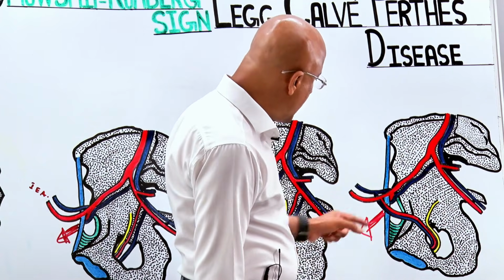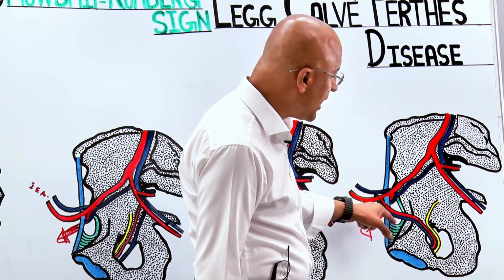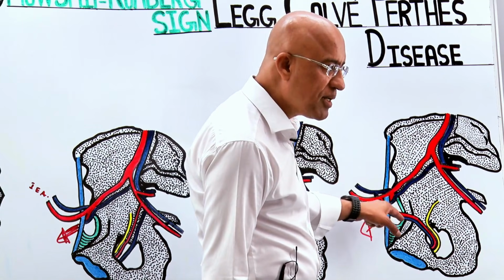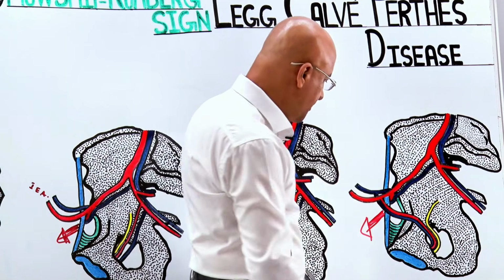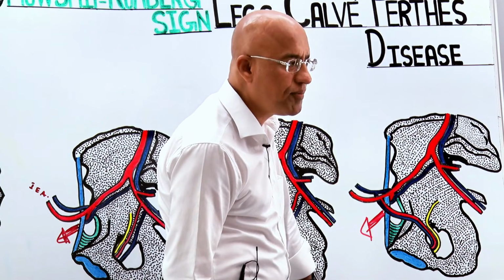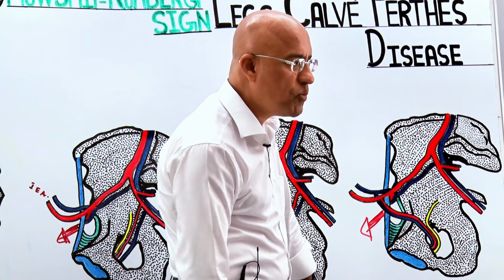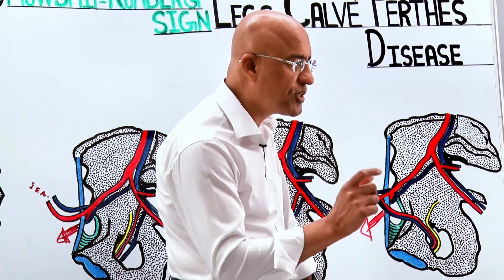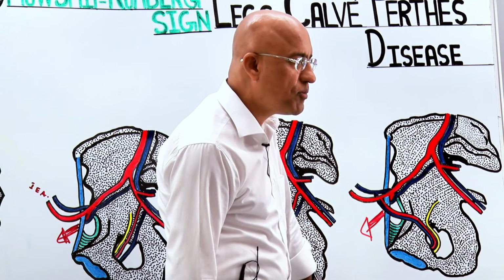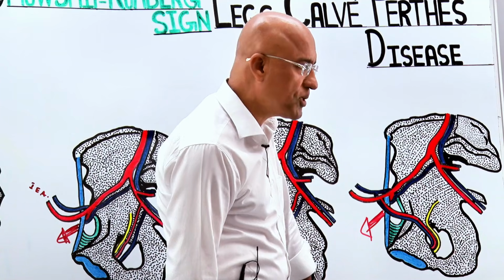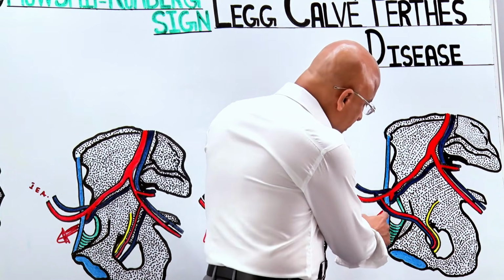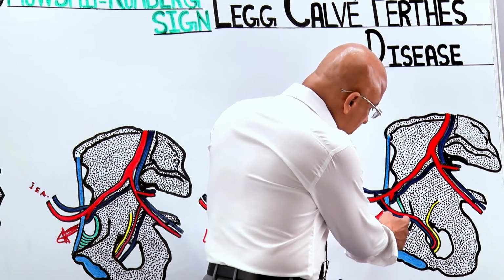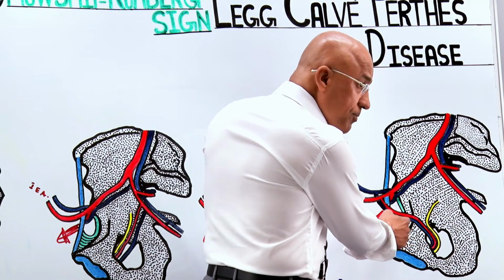Now look at this. And this is the femoral canal. Now look at it. This artery is in a very dangerous area. This is positioned at a very strategic position, which is a very lethal position. Why? Because, look, this is the superior ramus.